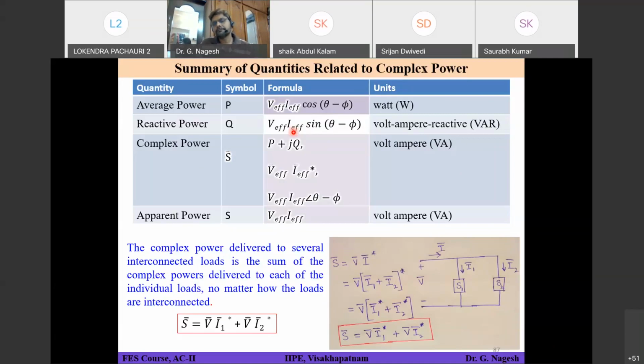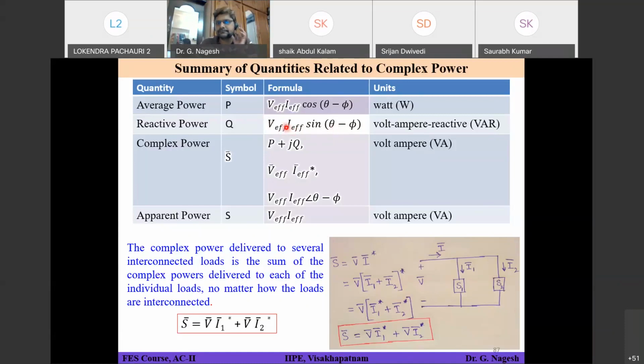So reactive power Q should be equal to V effective into I effective into 0.6, sir. Okay, but that is when only one load is connected. Cos theta is 0.8 means sin theta is 0.6. So that is only when load 1 is connected to your system, then you are calculating the reactive power. Correct?